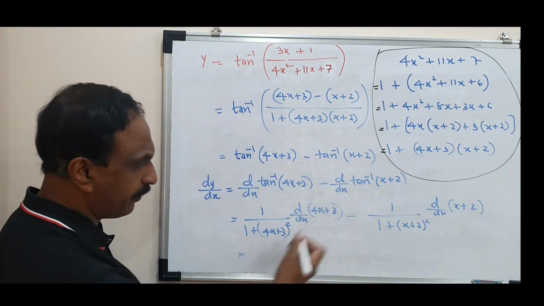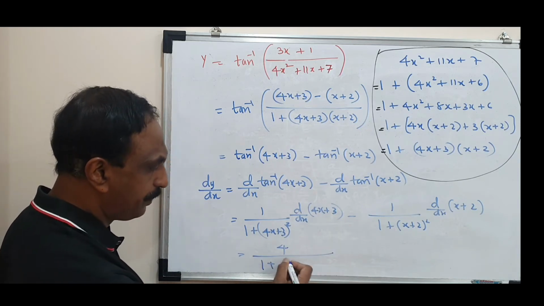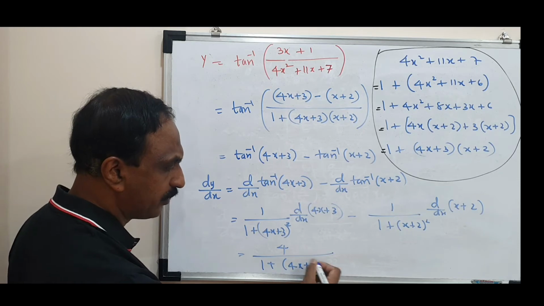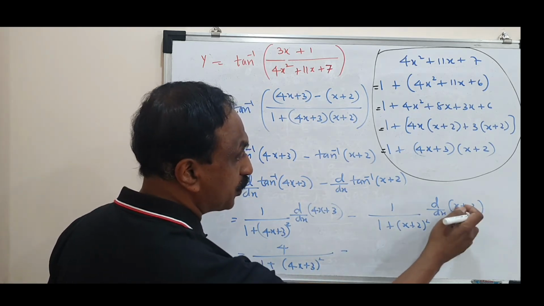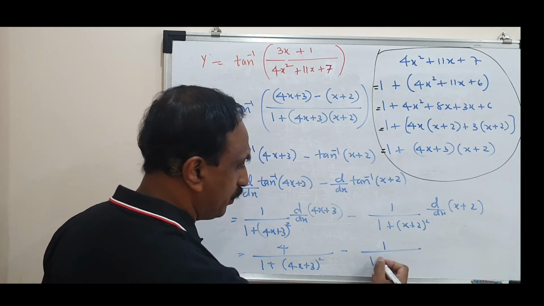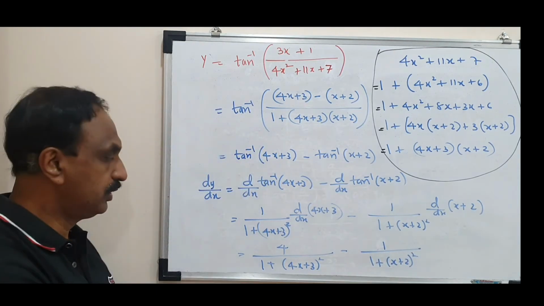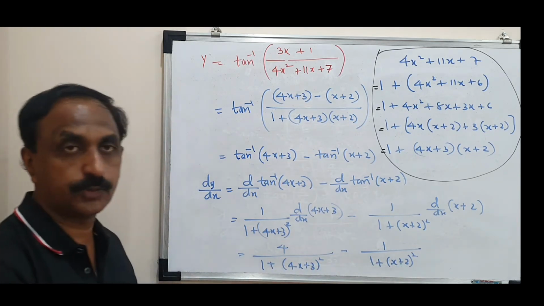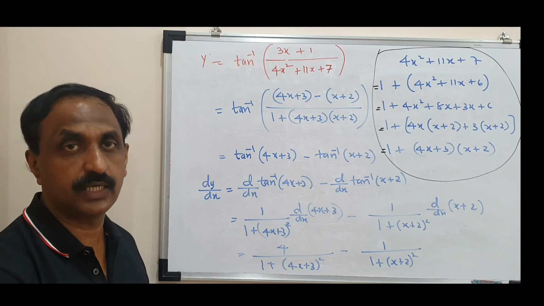So my answer became: 4x plus 3's derivative is 4 divided by 1 plus 4x plus 3 the whole square, minus 1 upon, derivative of x plus 2 is 1, so 1 upon 1 plus x plus 2 the whole square. Now you need to check with your book whether you need to expand or not. That depends on the answer that is given in your textbook, and follow as per the textbook answers.